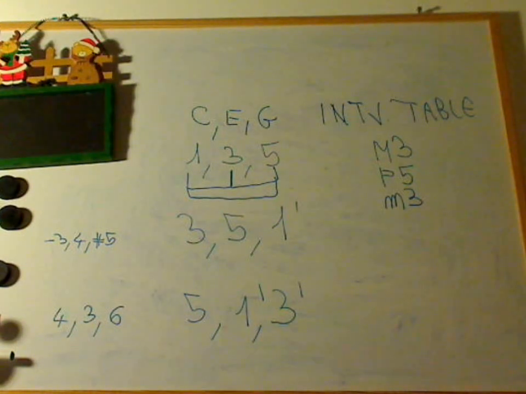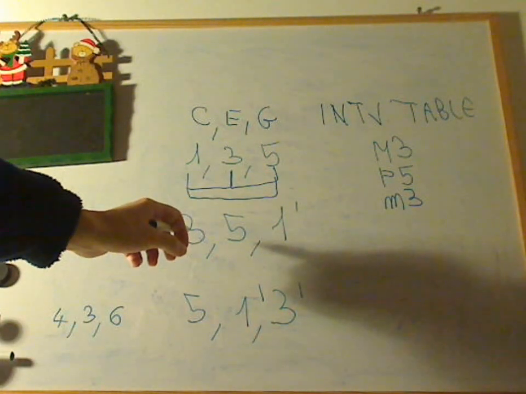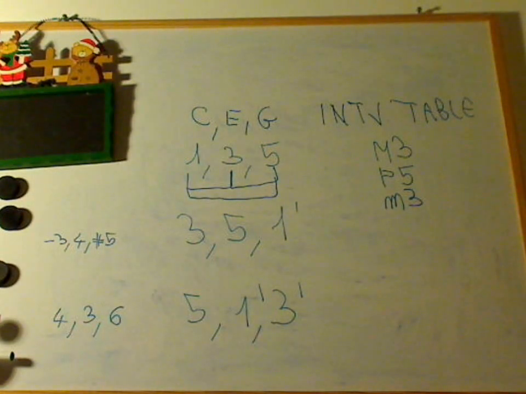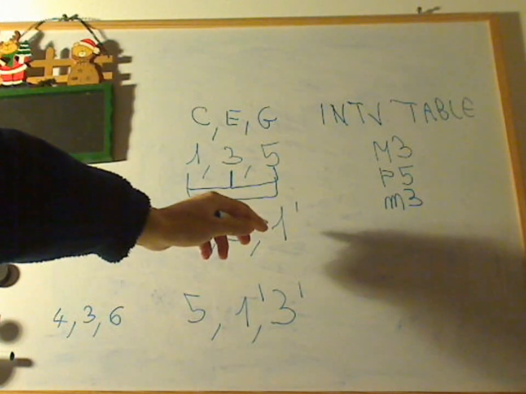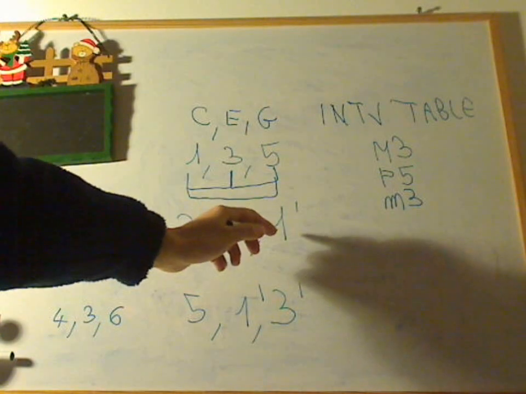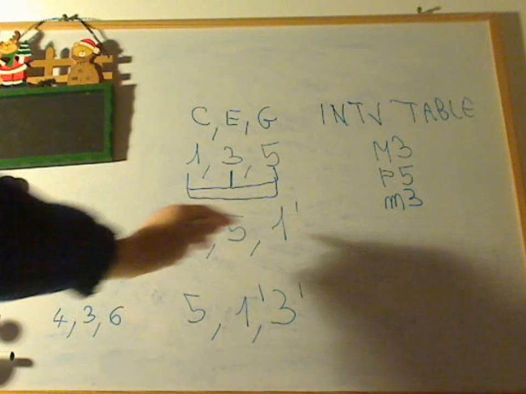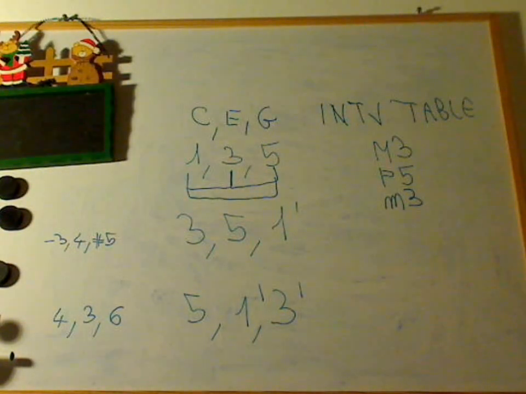Now I pass to the first inversion. That means having the third, major third, as a bass note instead of a root, and take the root and raise by 1 octave up. So I have 3, 5, 1. Consider this 1 like an eighth note octave.